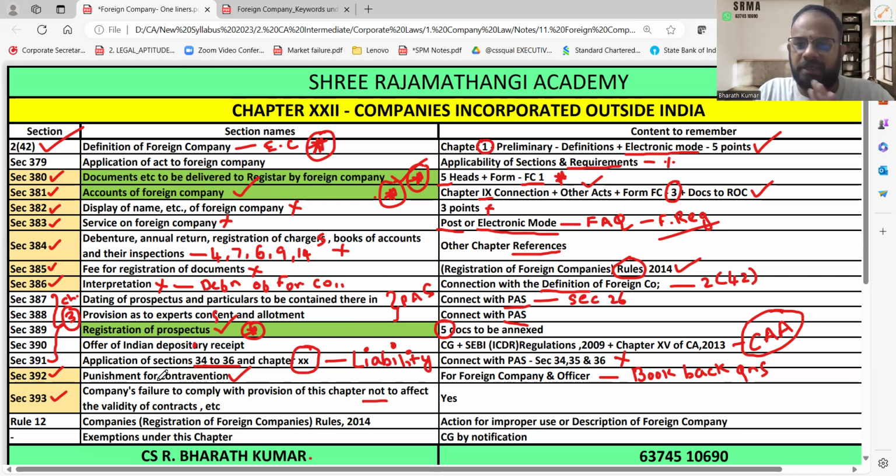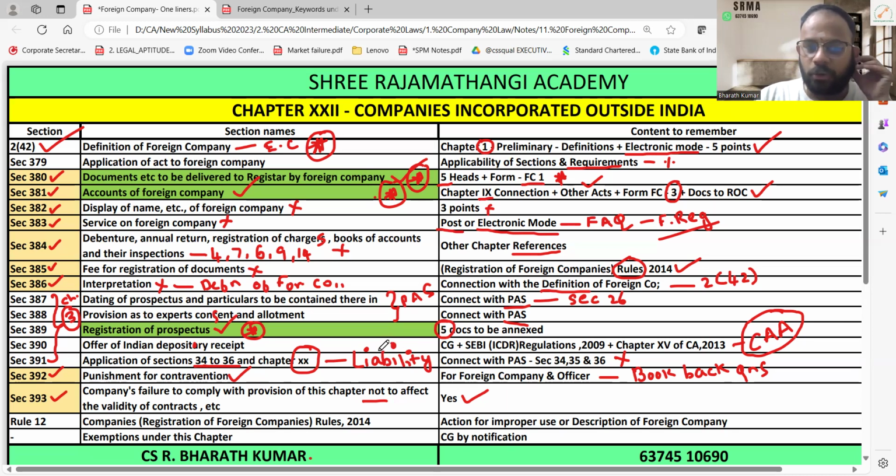That has got no connection with this. So the answer is yes. This also you can glance, not a very big important point. With this 2, you should not get confused. Complying with the provision is separate. Validity of contract is separate. Validity of contract will always be valid, even if there is non-compliance of such provisions in this particular chapter.